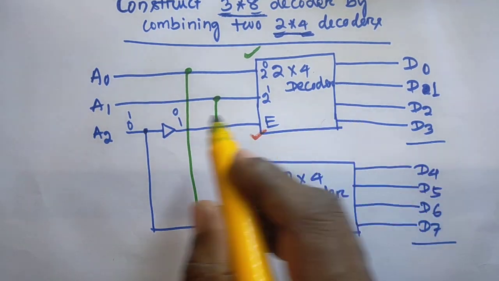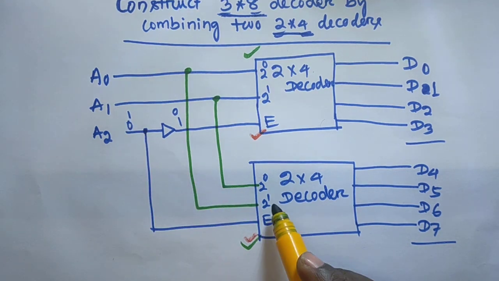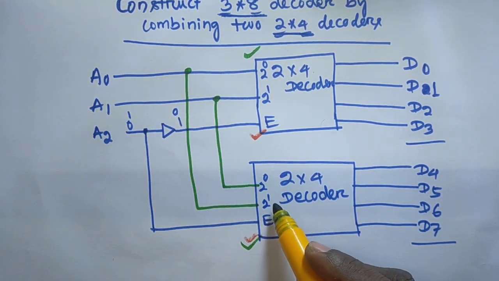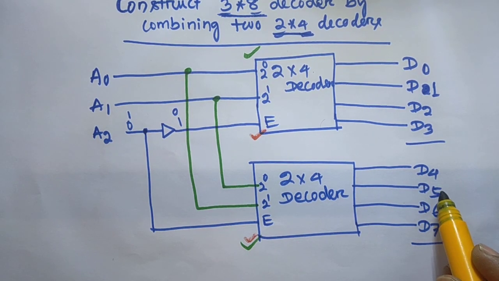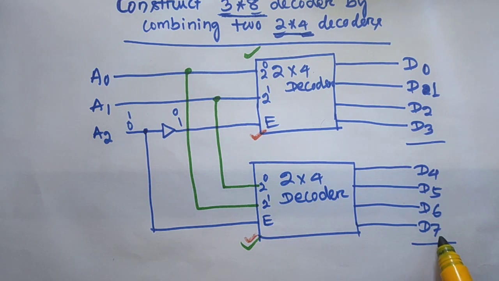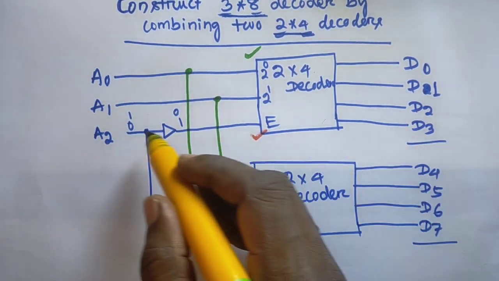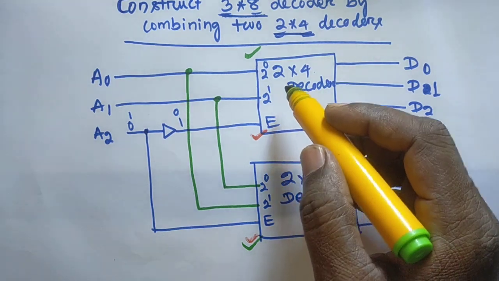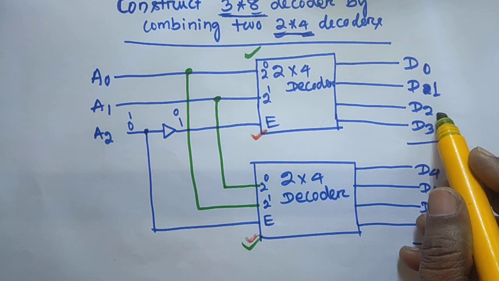Based on that, whenever this is activated, it will receive the enable value 1, and the other inputs A0, A1 are also received. Then based on that we can get the D4, D5, D6, D7 value, any one of them depending on 0 or 1, A0 or A1. Similarly, if the other decoder is activated, we can get the D0 value or D1 value or D2 value or D3 value.